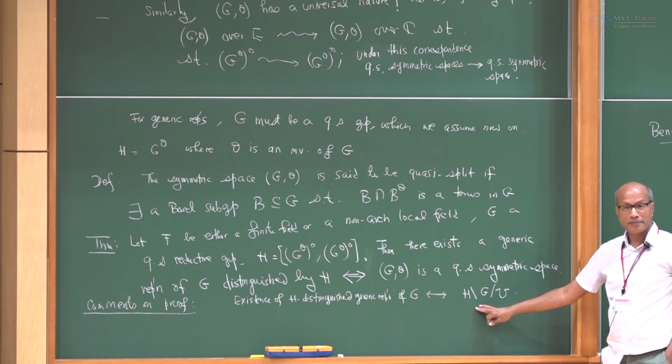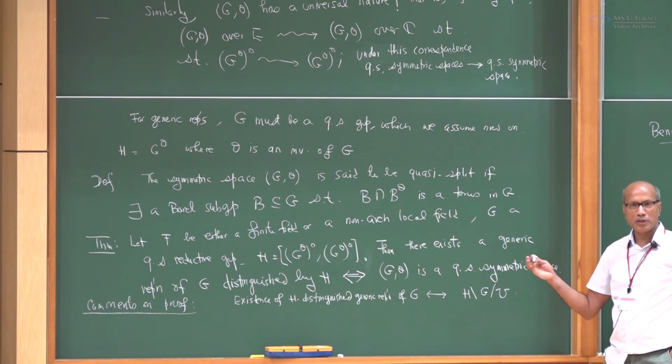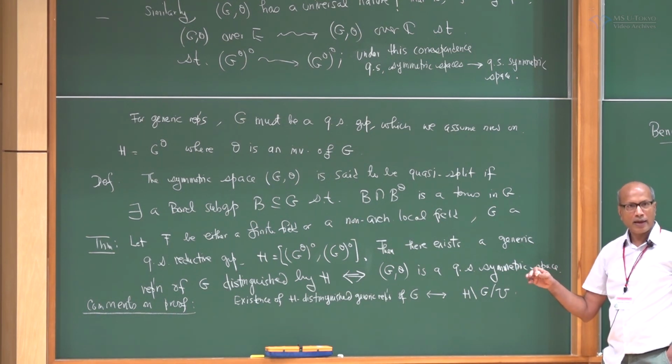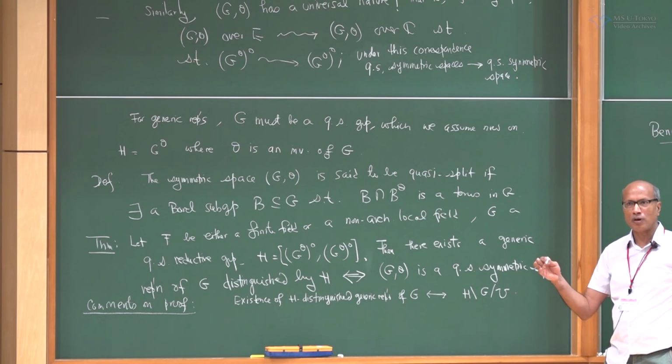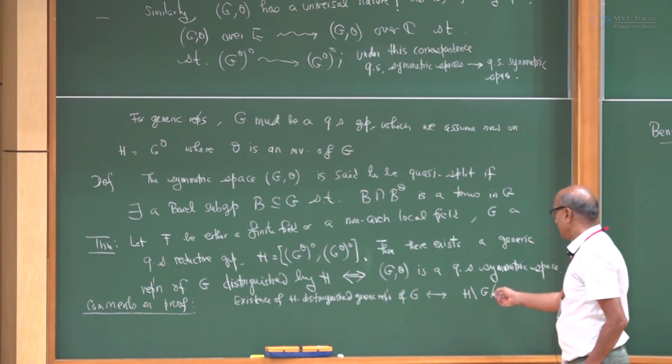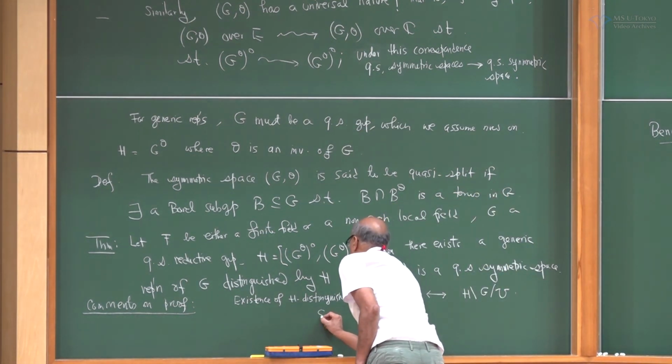And then we look at the orbits of U on G mod H, and suppose the orbits are of the form U upon Ux for the point x.